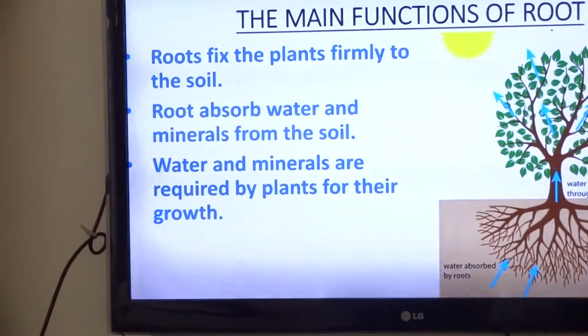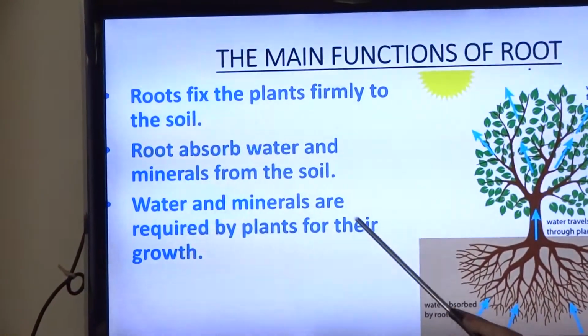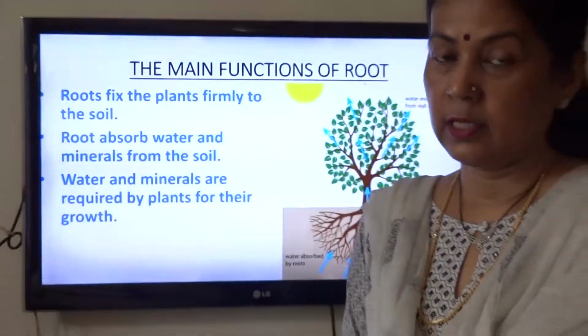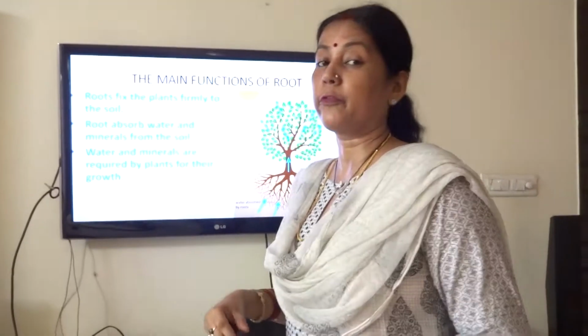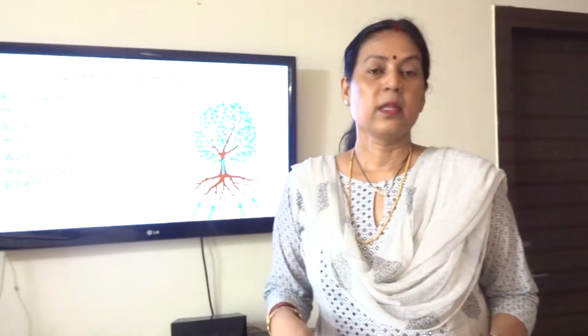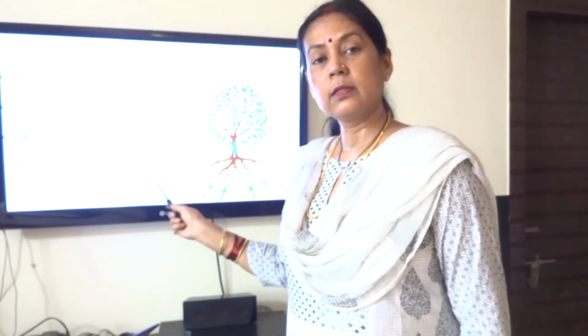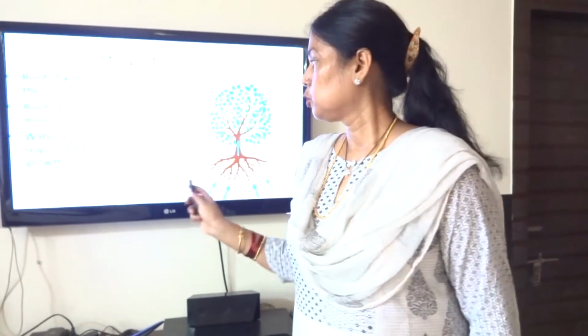Next function is water and minerals are required by plants for their growth. As you need food to grow and get energy, water and minerals help the plants to grow and get energy.